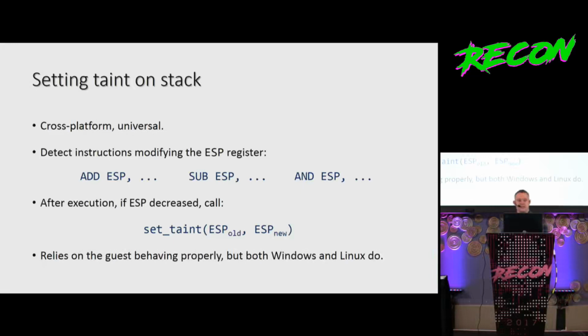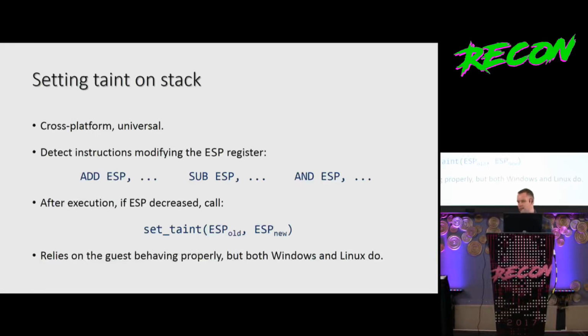When it comes to setting taint on the stack, this is actually pretty simple and pretty cross-platform. What we do in our instrumentation is that we just detect all of the instructions that modify the ESP register, which means add ESP, sub ESP, and so on. After execution of the instruction, we check if ESP was decreased.